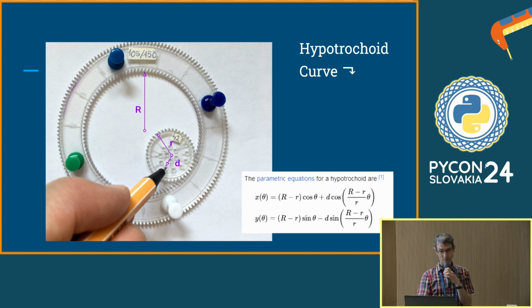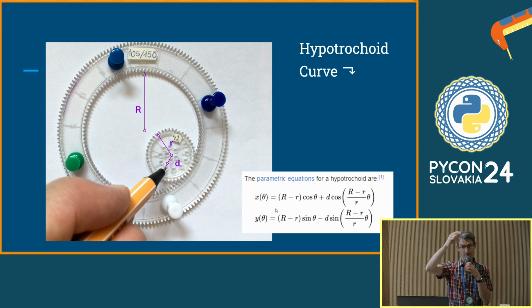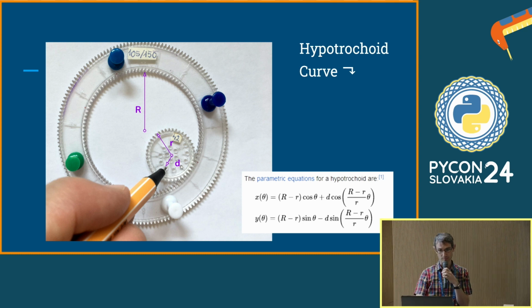And with these three parameters and these two equations, you basically can say, as you're rolling, you're changing this theta angle, what are the coordinates, horizontal and vertical, x and y, at any angle given those three parameters, capital R, small case r, and d.